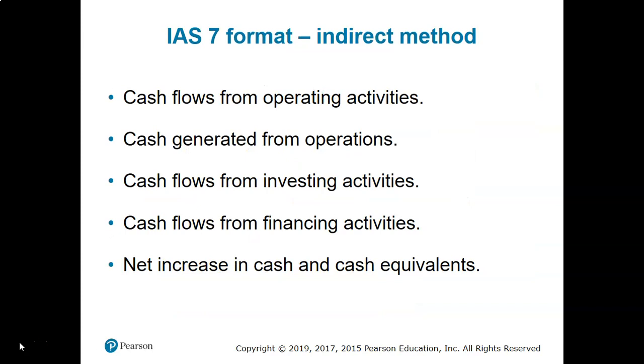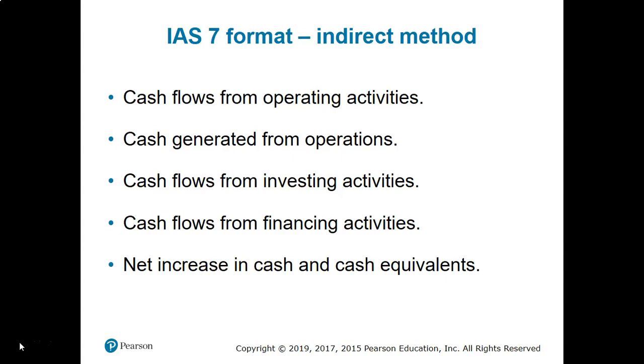So it's very simple. The format is we have to start with a balance, and then we have to find out the changes in cash position due to operating activities, that is the differences in current assets, current liabilities, revenues, and expenses.